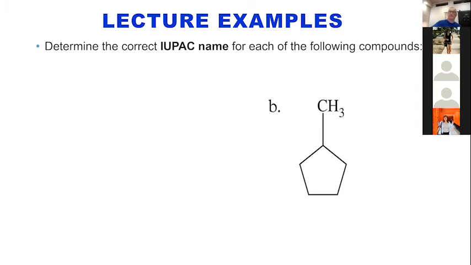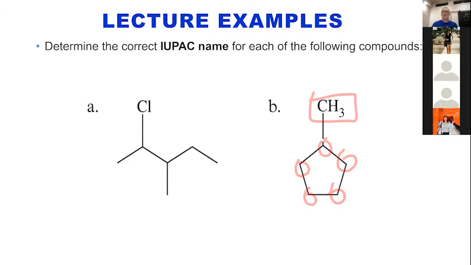Right, there's 1, 2, 3, 4, 5, so it's cyclopentane. It's got a methyl substitution on it, but since there's only one substitution, we don't have to say where it is because it's assumed it's at carbon number 1. So that would just be methylcyclopentane.